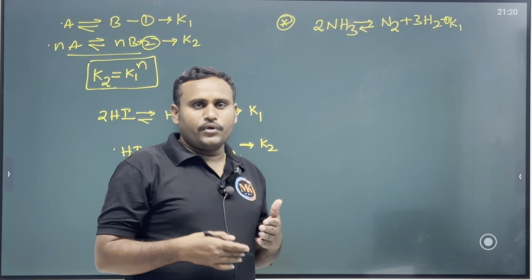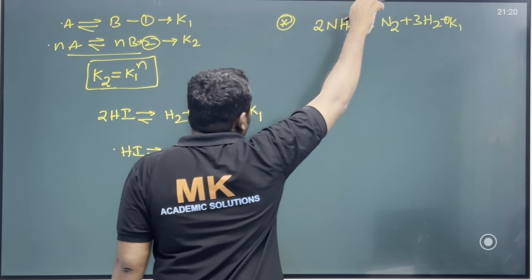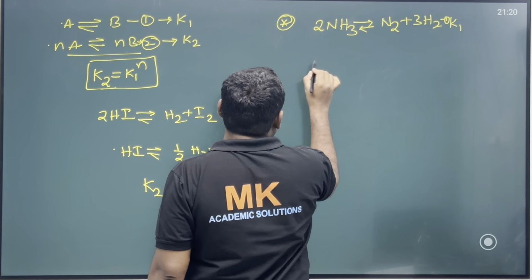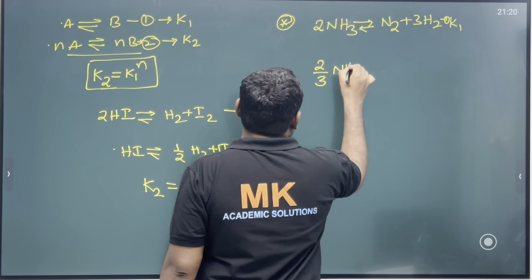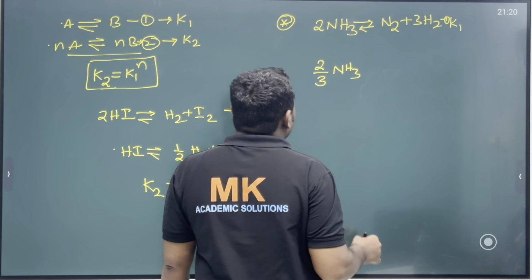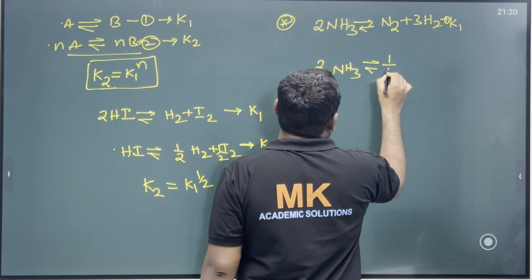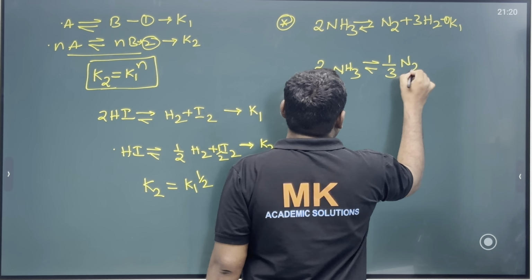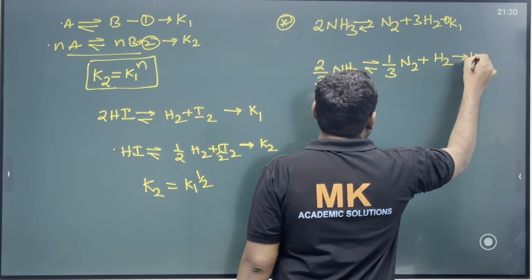Means I am going to multiply with some particular number. With which number am I going to do it? Multiply with 1 by 3, means 2 by 3 NH3 gives rise to 1 by 3 N2 plus H2. Consider this as K2.